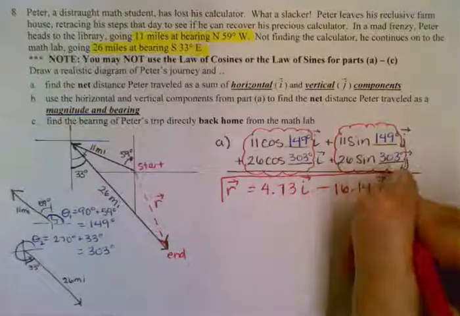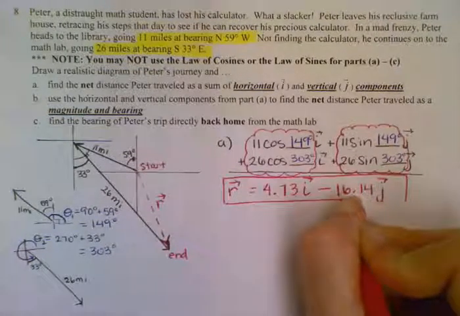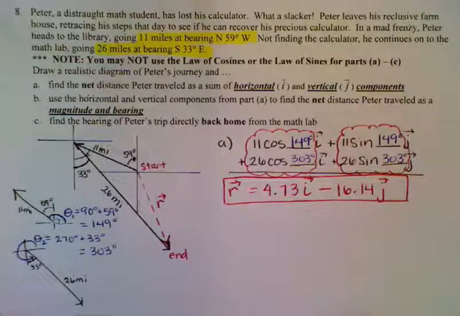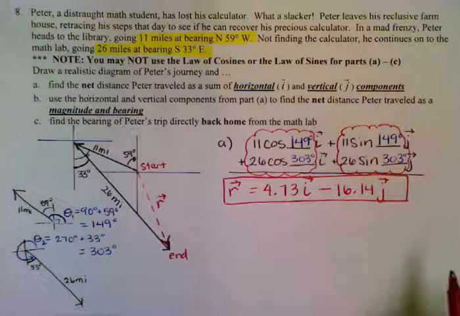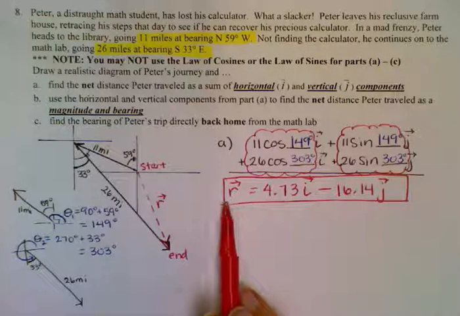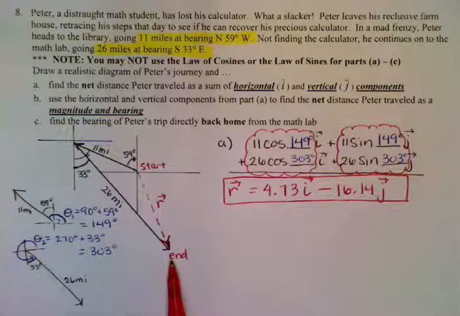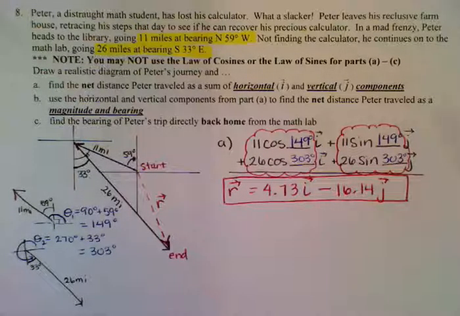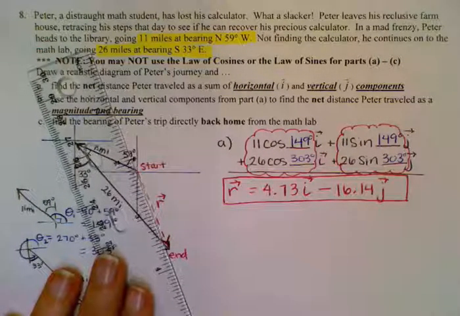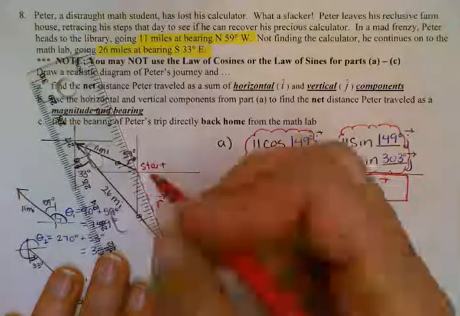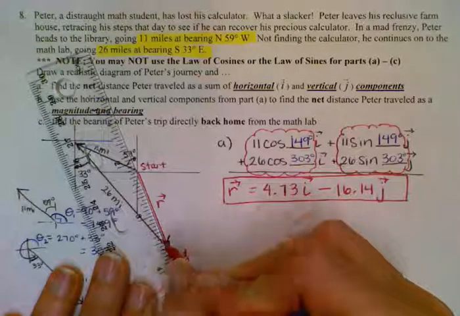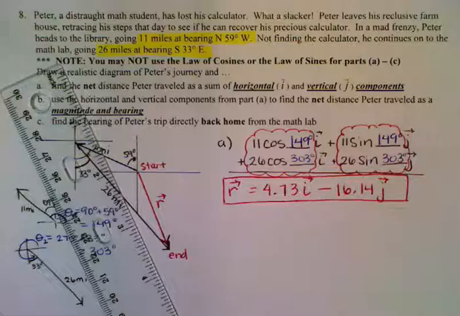Okay, so that's our answer for part A. But let's take a look at the meaning of that answer. Okay, so we're looking at our resultant vector r over here. And so that resultant vector, and I'm actually going to change it from being dashed since it's a different color, has its own little right triangle, right?